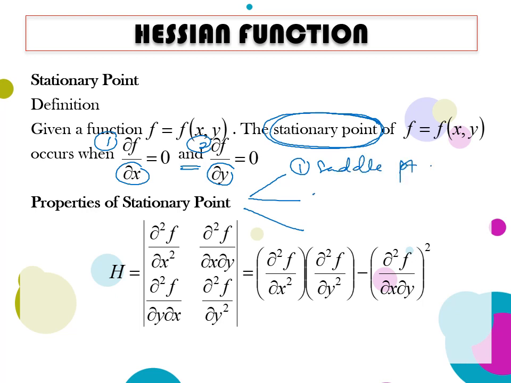The second one is either a minimum point or a maximum point. The third is none of these two, so we say no conclusion can be made, depending on the condition your Hessian satisfies.